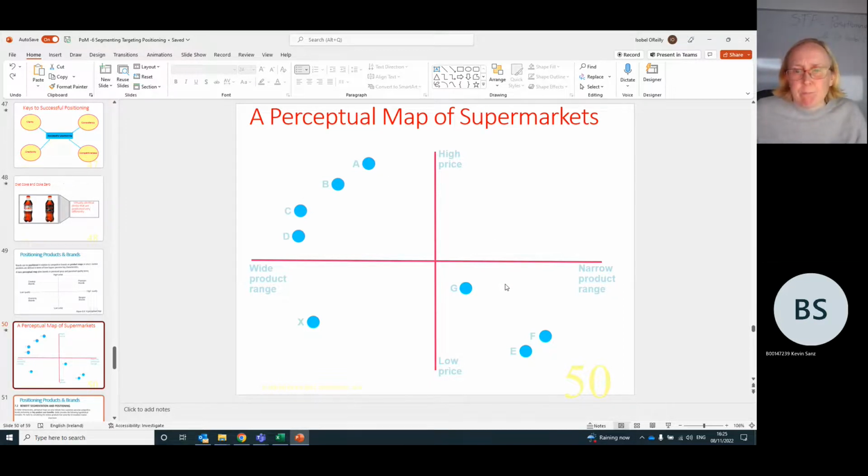And then there's also a few chains. They are offering low price with a narrow range, so they're in the economy quadrant, targeting customers who have a low budget and are willing to have less choice in order to have cheaper products.